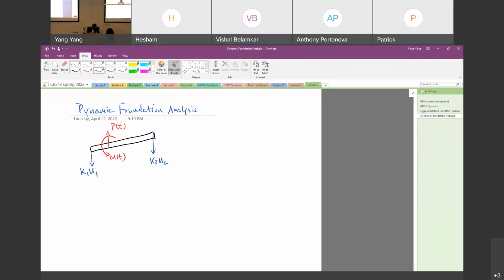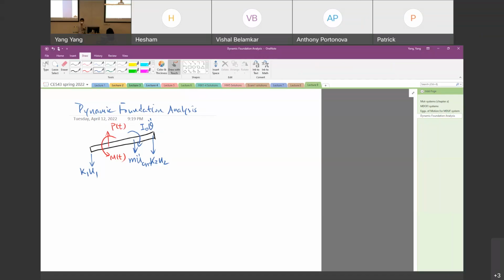And where the mass is, we have the inertial force and the moment of inertia times the angular acceleration.